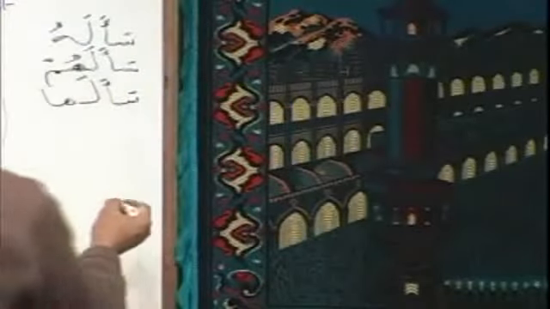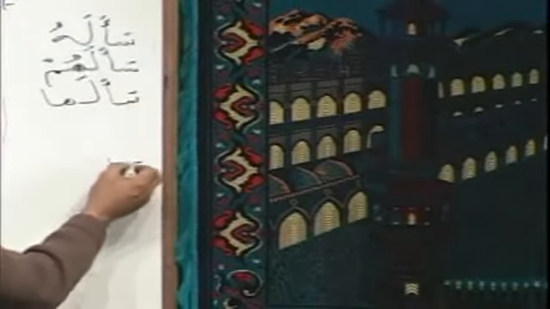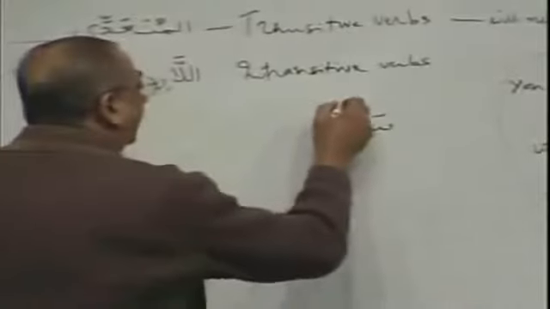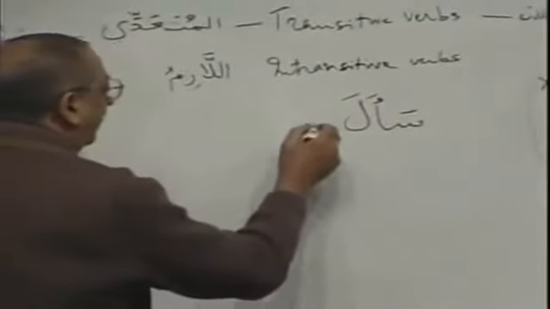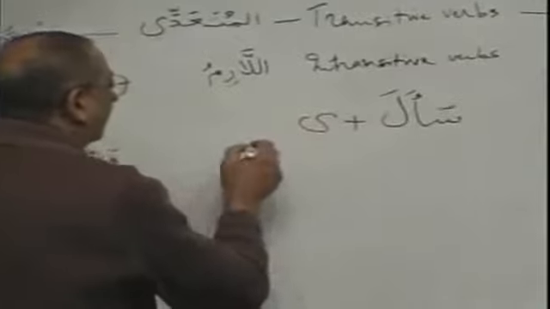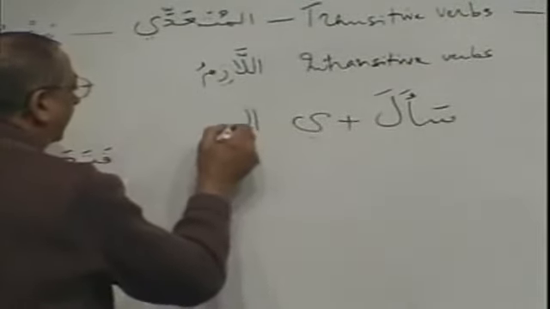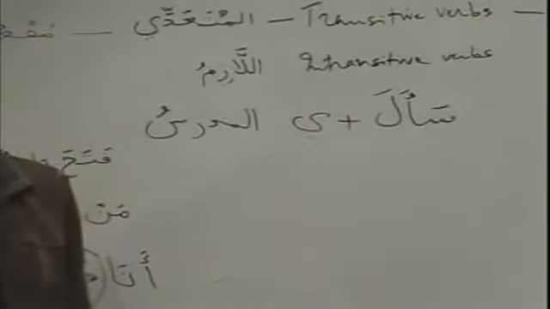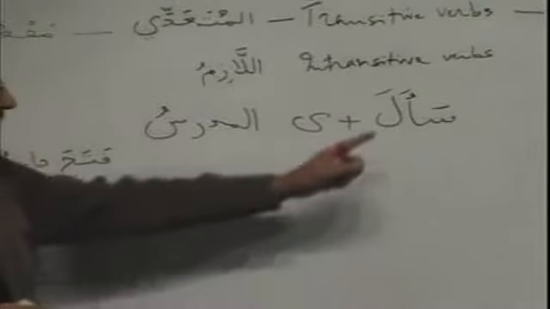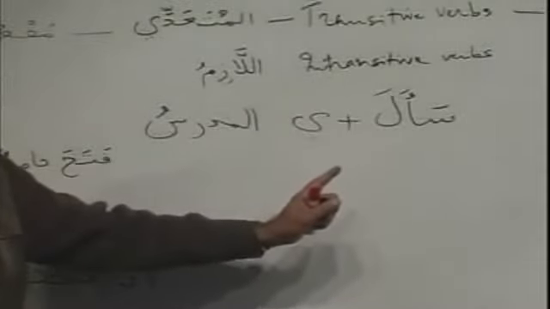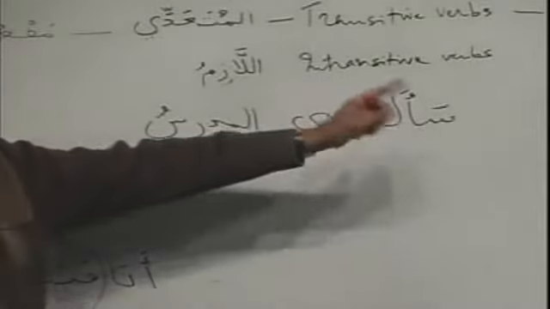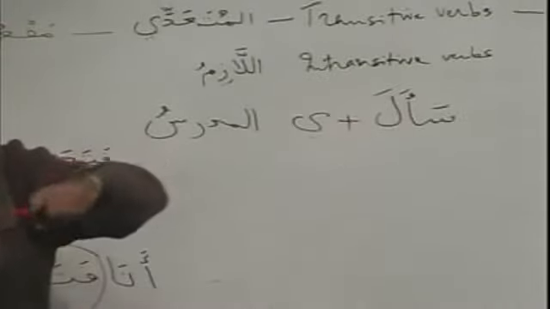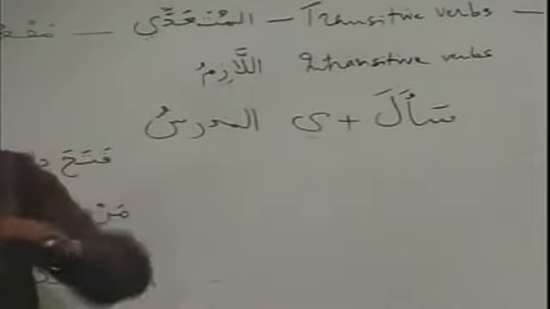See, here is the verb, brothers and sisters. What is the verb? You should understand this very well. Sa'ala, this is your verb, and this is your maf'ulun bihi, and I will put Mudarris also, Mudarrisu, this is your fa'il. Are you with me, brothers and sisters? Okay. So, sa'ala, okay, sa'alahu, sa'alahuma, sa'alaha, sa'alaka, sa'alakum, sa'alaki was fine.